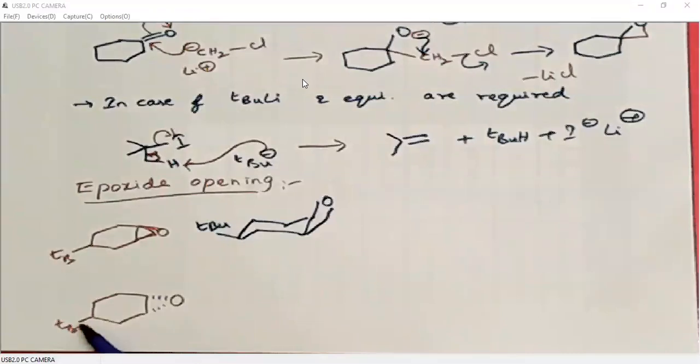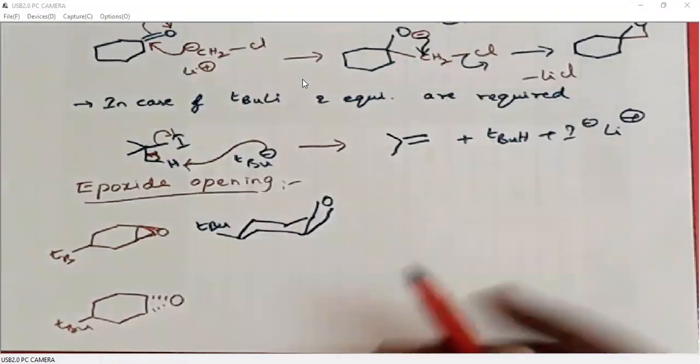We must always keep the tertiary butyl group or isopropyl group at the equatorial position because it is a highly sterically crowded alkyl group, so we cannot have it in an axial position.